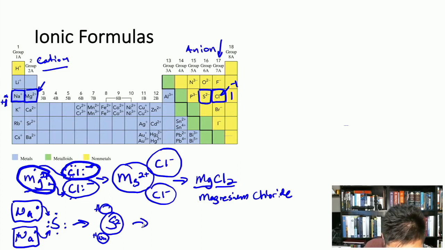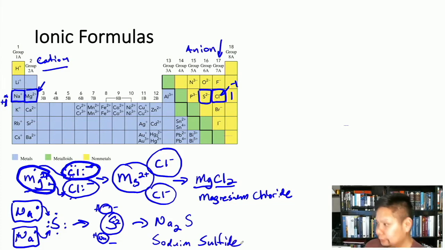So that gives us Na2 right there, because there's 2 sodiums, right? Sulfide with 1 sulfur. Sodium sulfide.